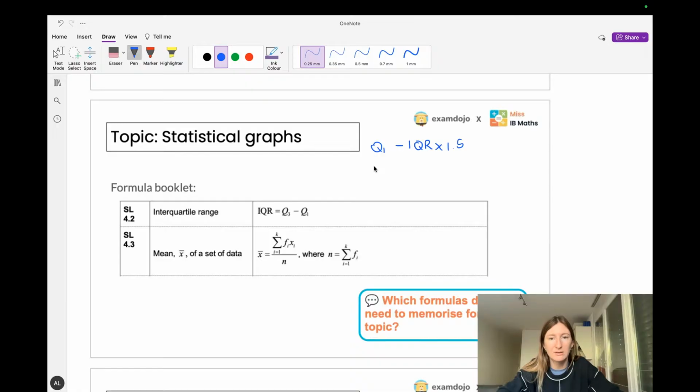Q1 minus that, or quartile 3 plus the IQR times 1.5. So for both of them, we need to start out by finding the interquartile range times 1.5, and then either subtract that or add that to find out what values are going to be outliers. So that's the formula for outliers. All right, that's the one that you need to memorize.